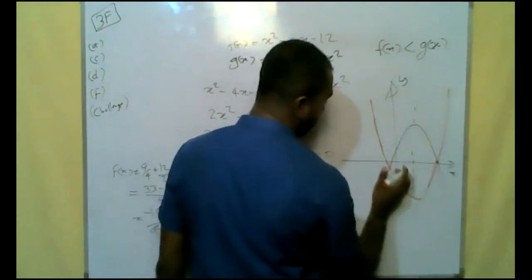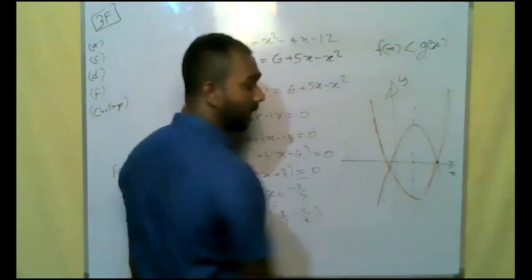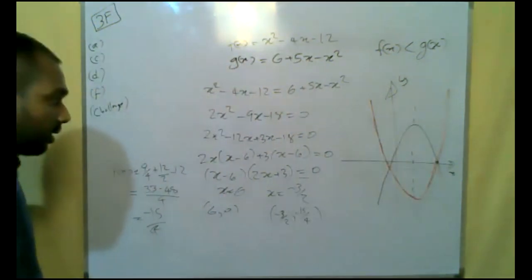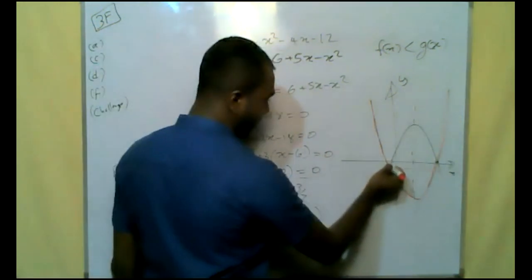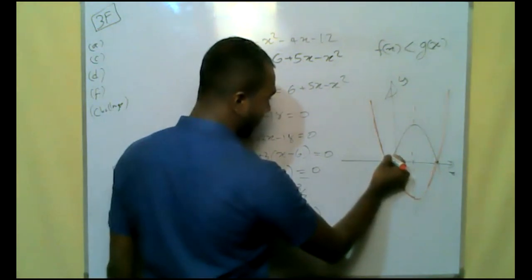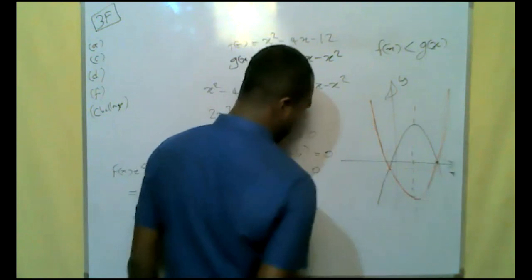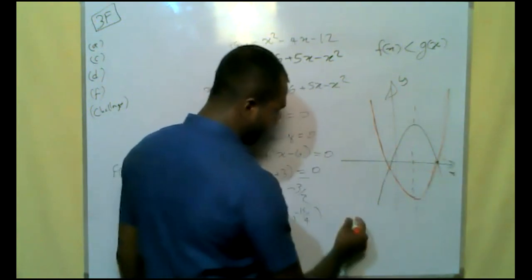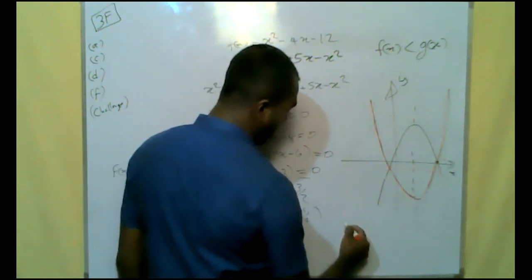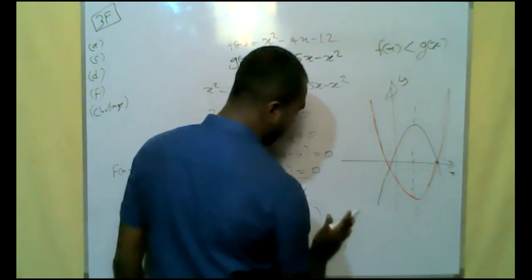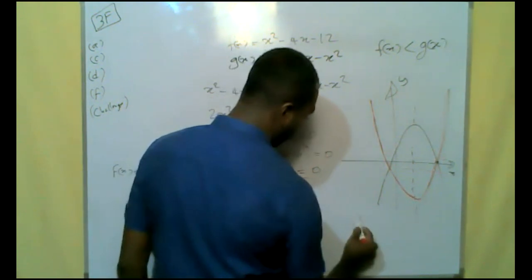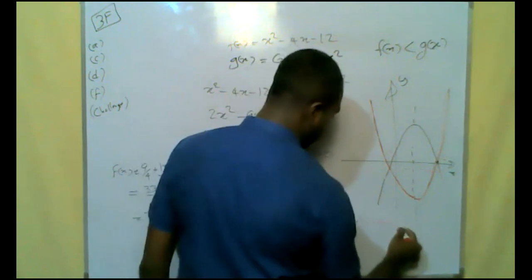Only in this part is the red curve below the black curve. That means we have already found the points of intersection. Here the x value is minus 1.5 and here it is 6. So our solution set is x greater than minus 1.5 and less than 6.